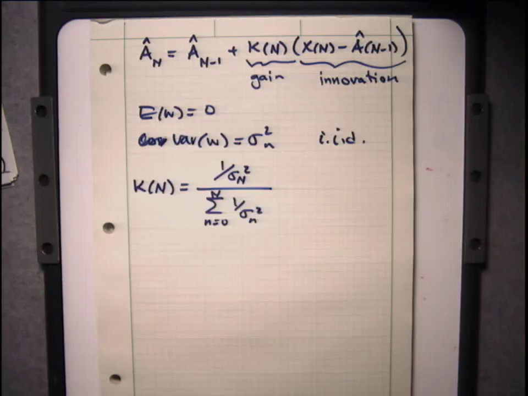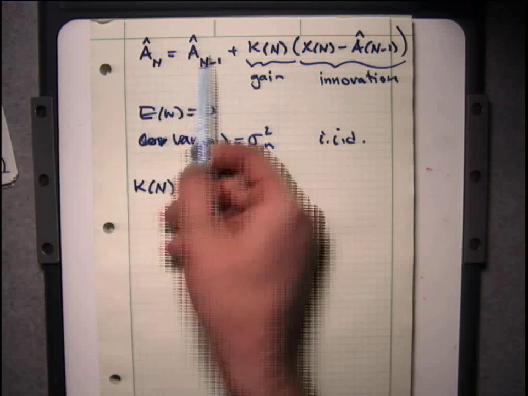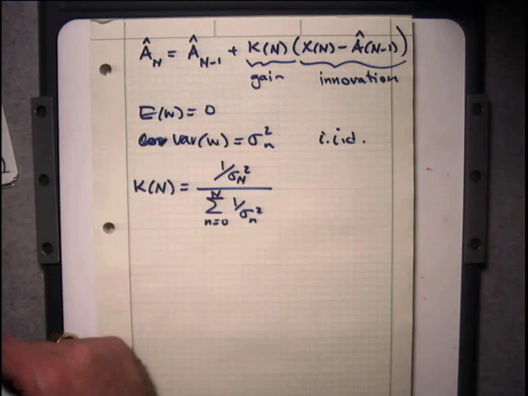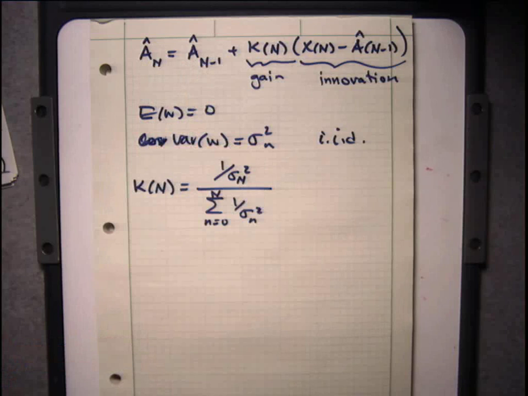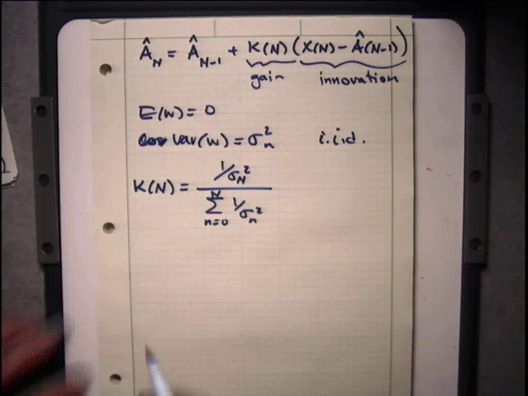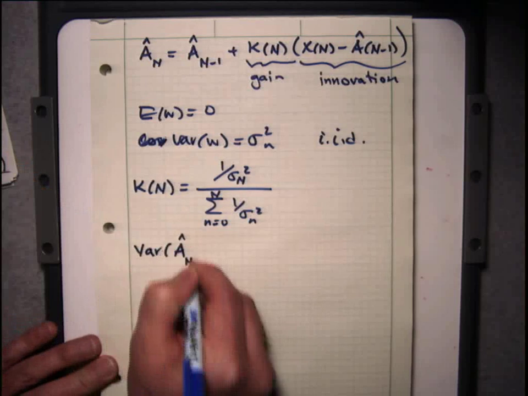Another nice thing about doing this is that it allows you not only to update the estimate itself, but it also allows you to update the variance of the estimate. Okay? So you are able to carry forward the estimate and the level of uncertainty about that estimate at every iteration. In particular, let me write down the variance of a hat sub n minus 1.